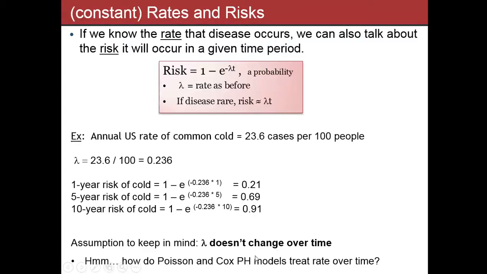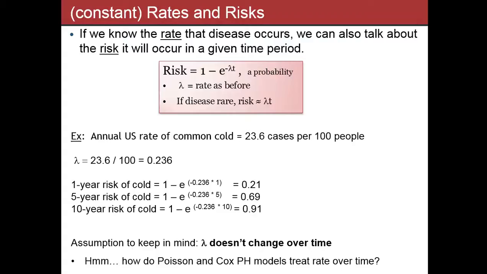In the Cox proportional hazards model, does the rate change over time? It does. So if you remember, there's this thing called the baseline hazard function. That's the h sub 0 of t. Well, that parentheses t business is defining the hazard function over time for the group that has a 0 for every other covariate.